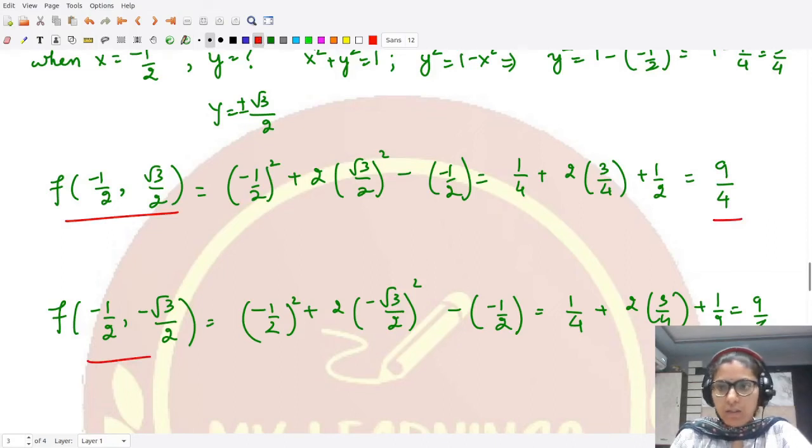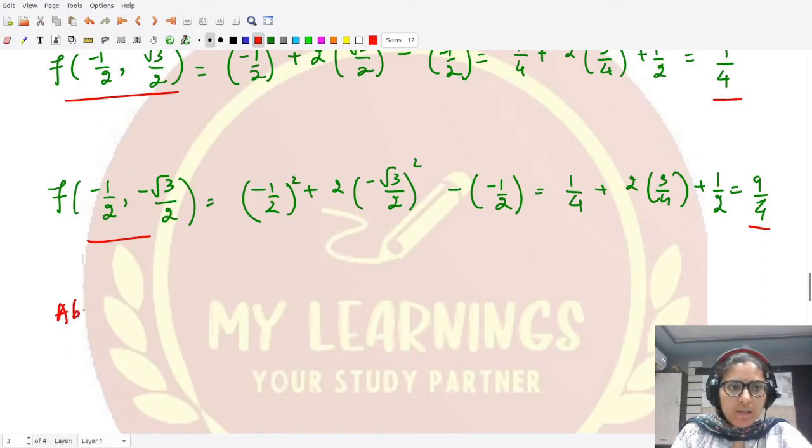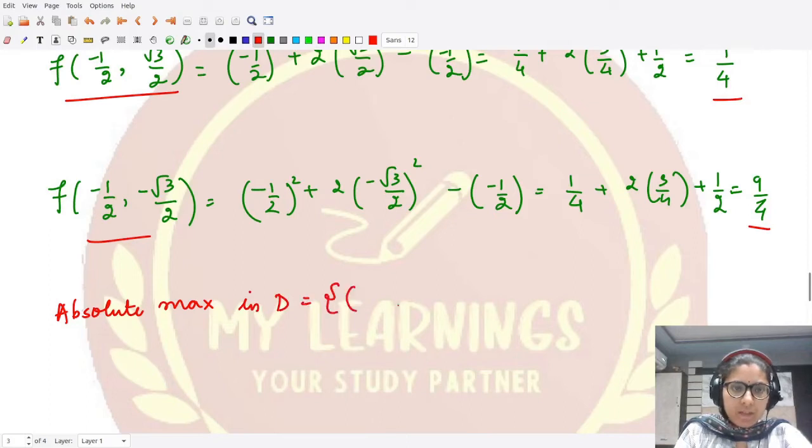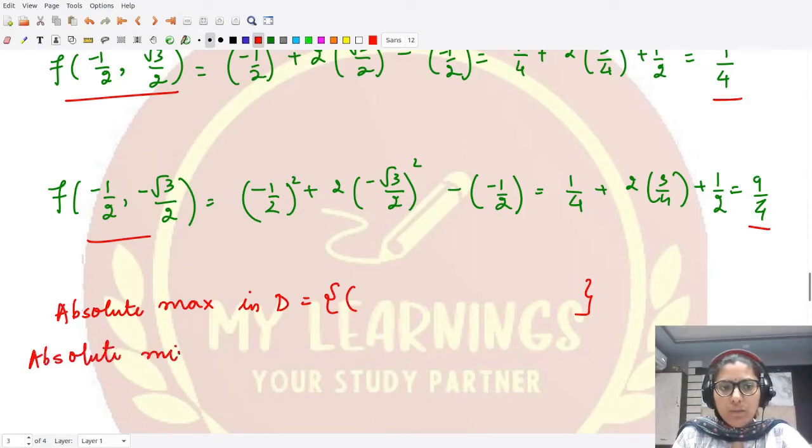So now we wanted to compare the absolute maximum value, it occurs at which of the following points, and we wanted to check what is the absolute minimum of the given function f in D, right?